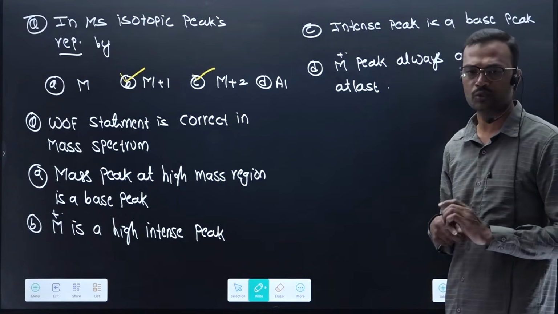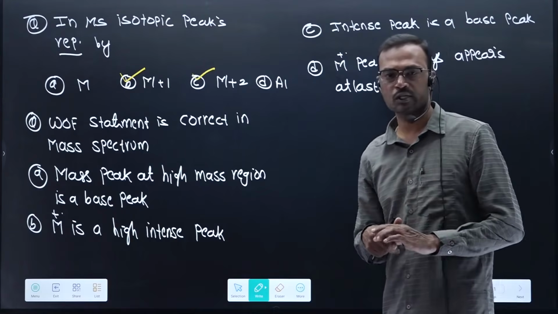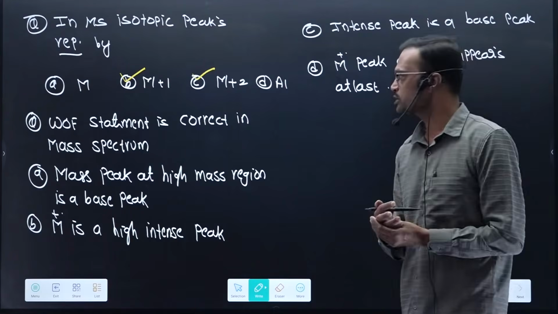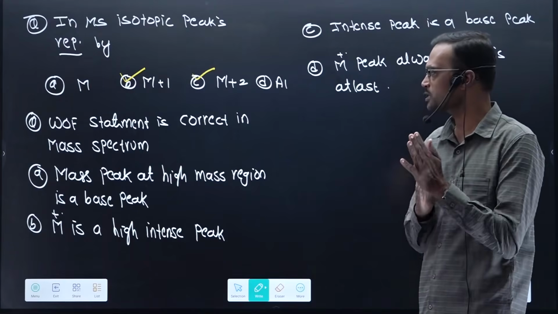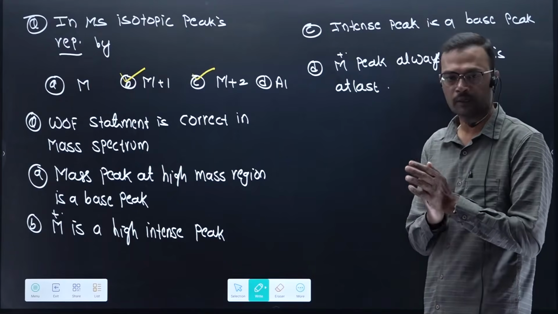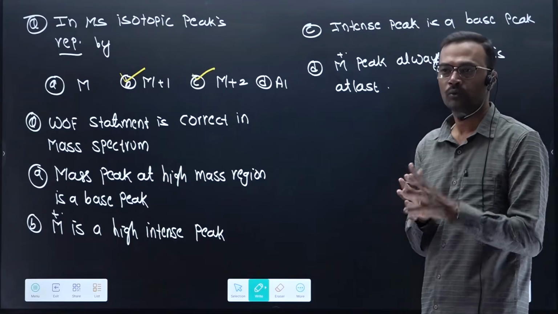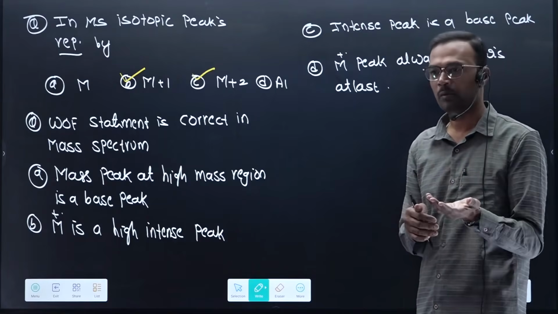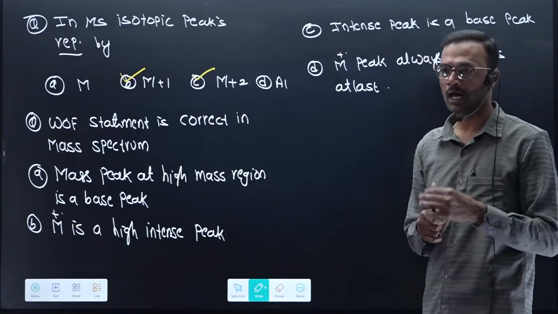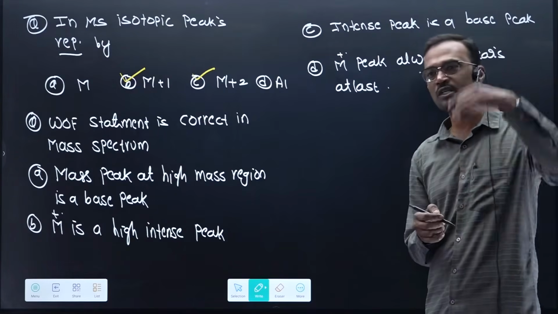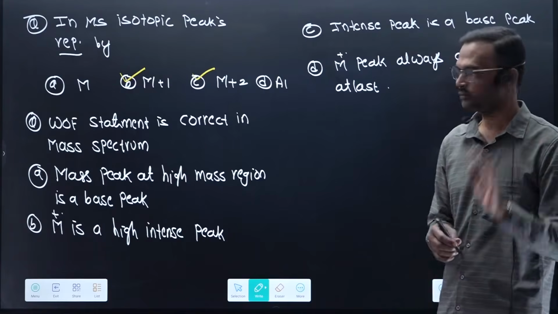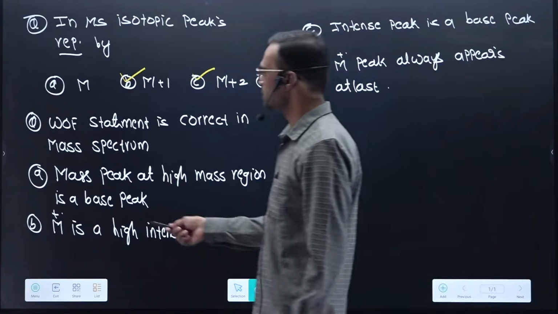Otherwise, intensity questions, chlorine or bromine questions, or fragmentation mode are expected in the exam. Is the mass peak at the high mass region the base peak? No. The last peak is not always the base peak. Maybe it is a base peak, maybe not. Whichever is most intense is the base peak. It may be in the middle, at the last, anywhere. So this is a wrong statement. This statement is incorrect.